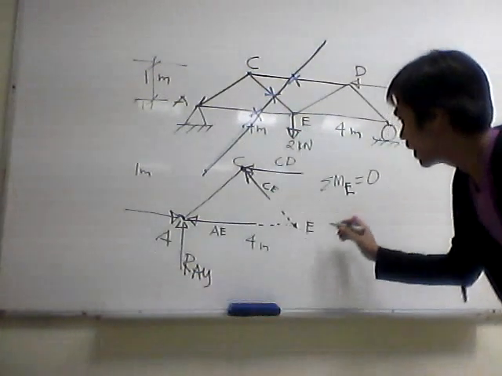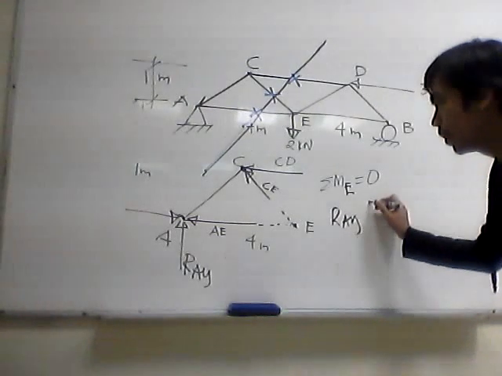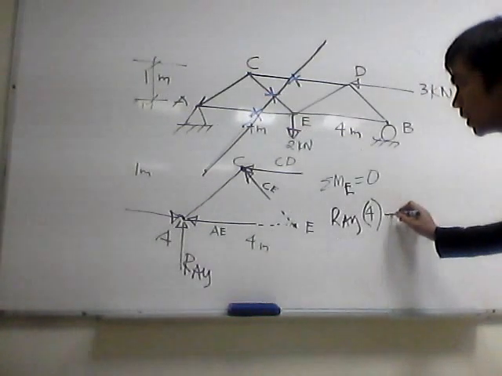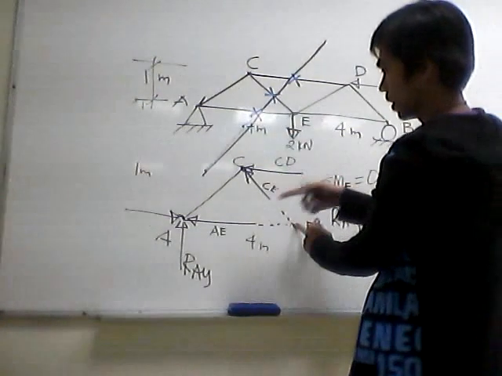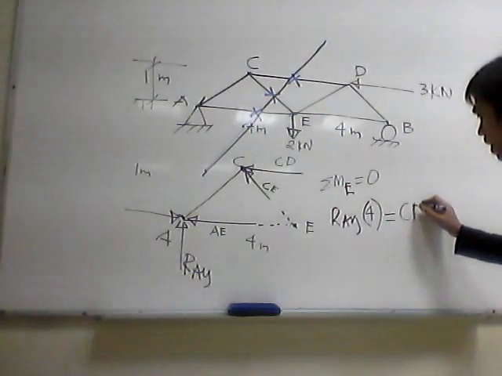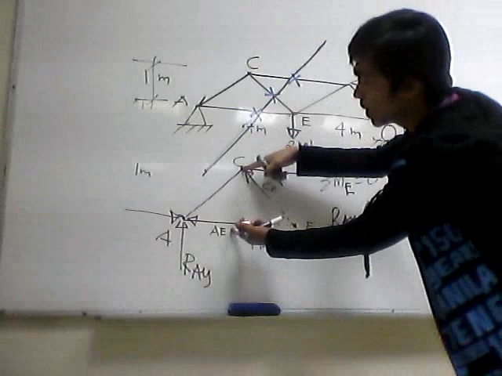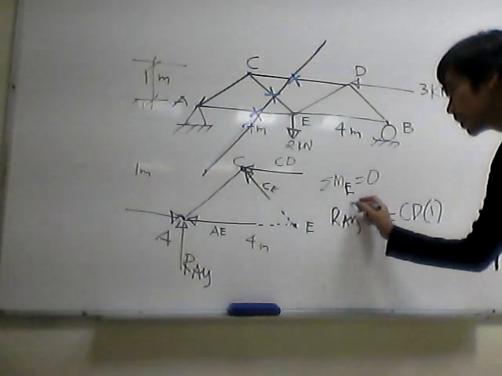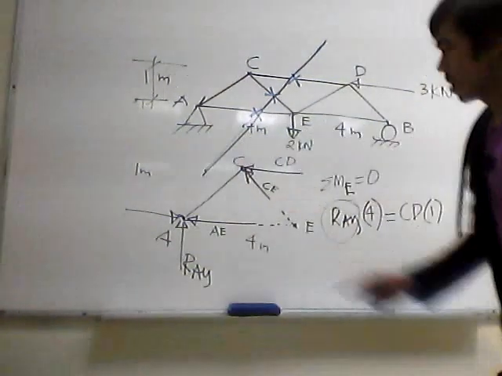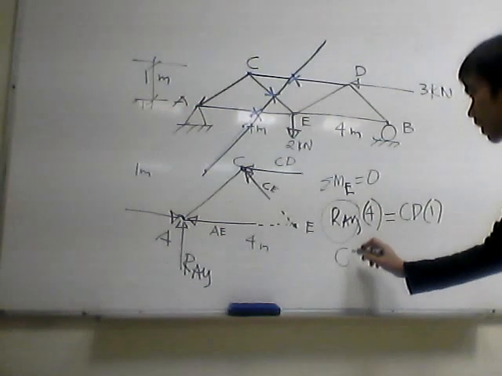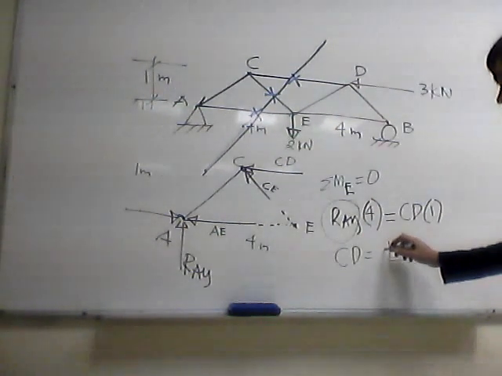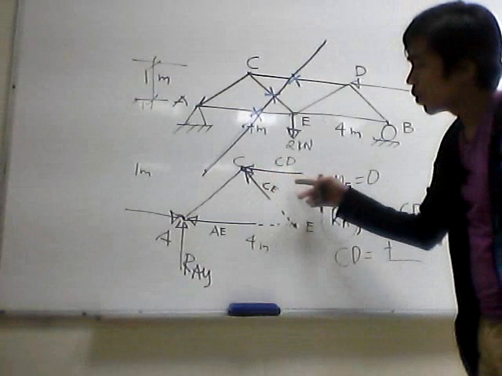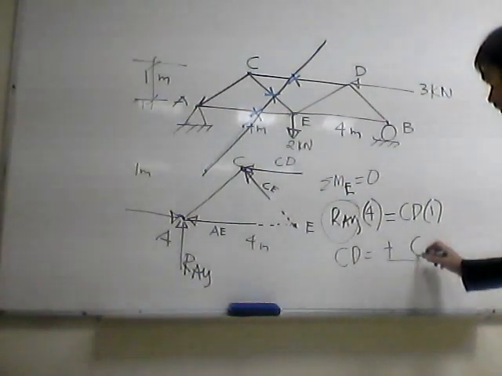So we have RAY multiplied by this distance, which is 4, equals CD multiplied by this distance, height as 1 meter. Since RAY is known already, we can see that CD is solved. That is positive. Positive means our assumption for the direction of CD, which is compression, is correct. So we can write this compression.